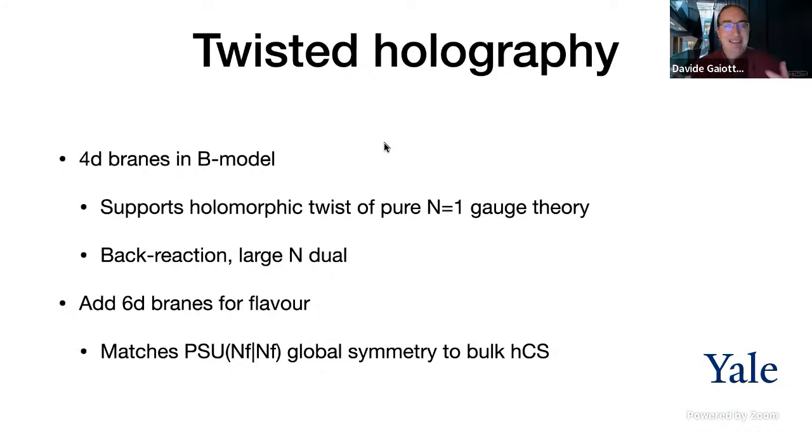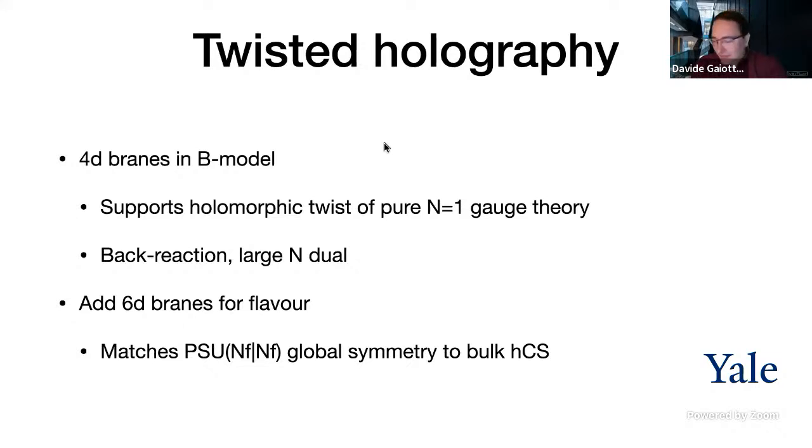On both sides, there are some simplifications, so you are supposed to get some toy models of holography, with a holomorphic twisted theory on one side and some kind of holomorphic supergravity on the other side. Although we don't have a very clear holographic dual for the physical theory, here we can find a holographic dual for the twisted theory.